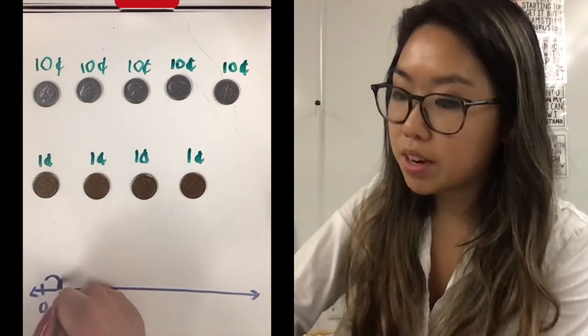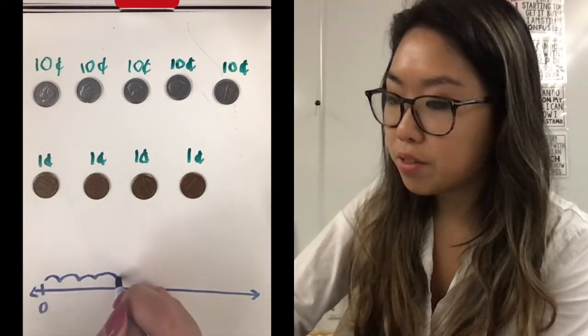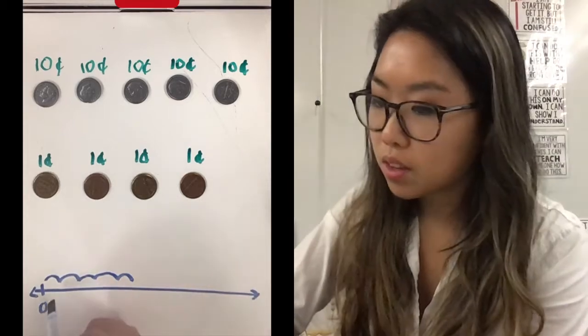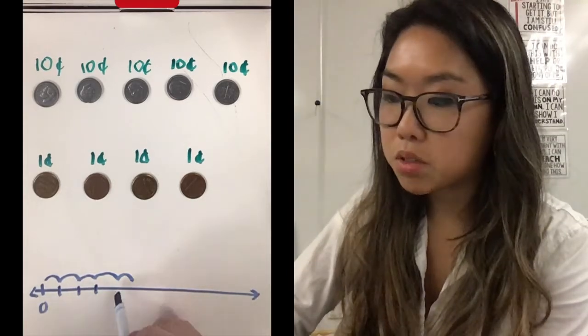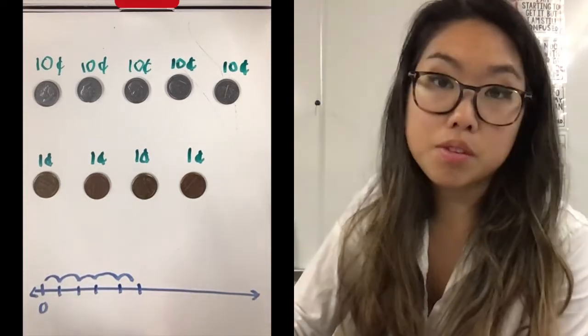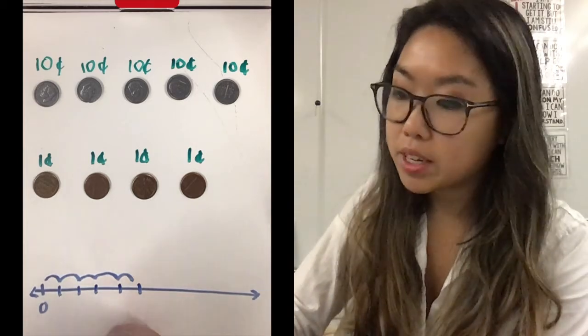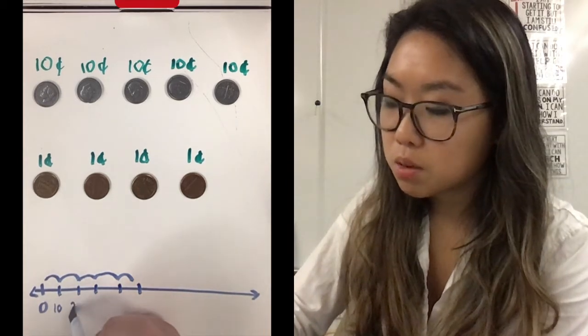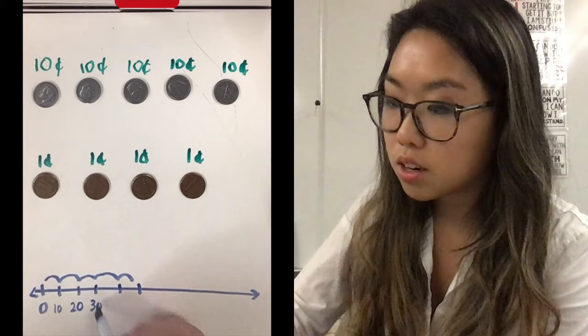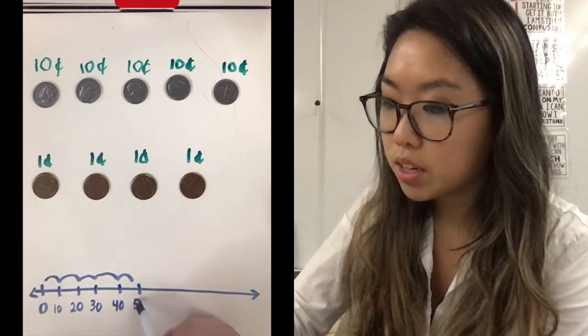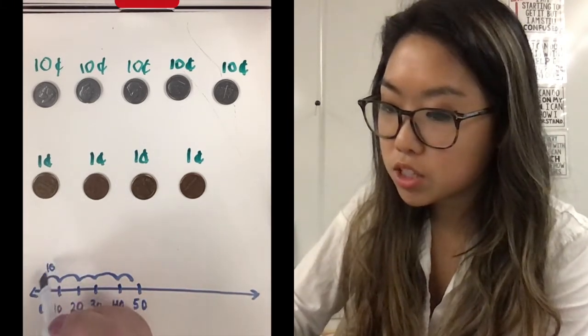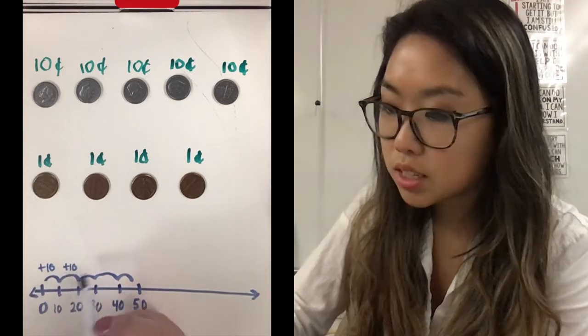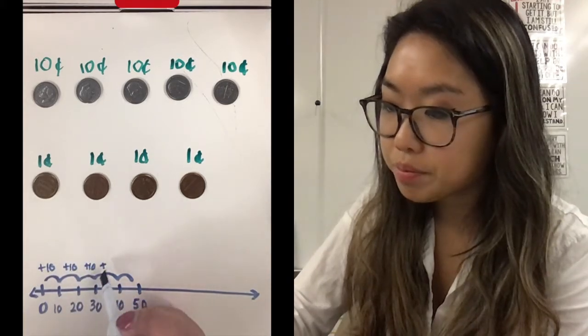So that means I need 5 jumps, 1, 2, 3, 4, 5. And I might have made my jumps too small, but I can move them around if I need to. So I can skip count 10, 20, 30, 40, 50, because I know each one of these jumps is plus 10 because it's plus a dime.